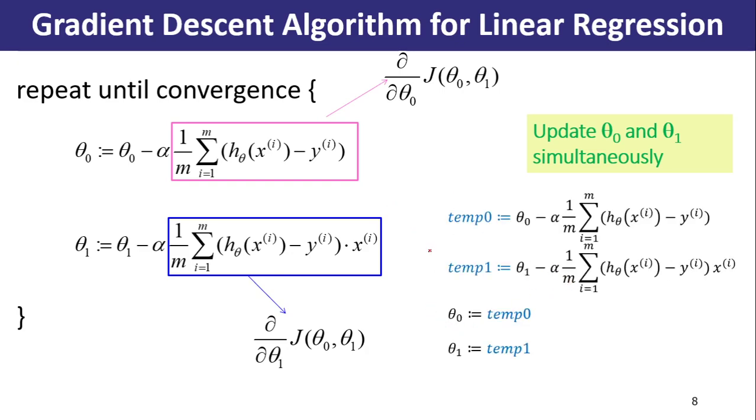Fine. Now, as I mentioned earlier in this slide, see here how we should implement this simultaneous update. Temp 0 is computed as theta 0 minus alpha into this term, 1 divided by m summation over i equal to 1 to m h theta x i minus y i, and temp 1 is computed as theta 1 minus alpha into 1 divided by m summation over i equal to 1 to m h theta x i minus y i into x i, and then simultaneously we are going to update theta 0 and theta 1, right.